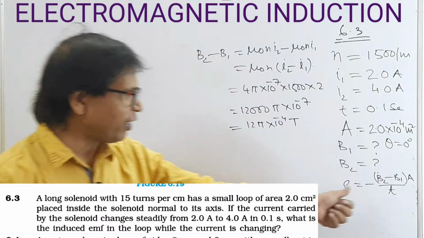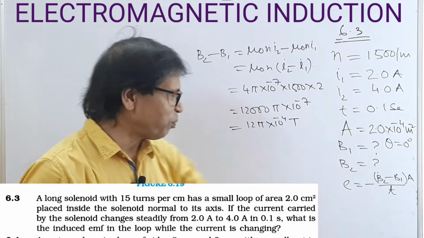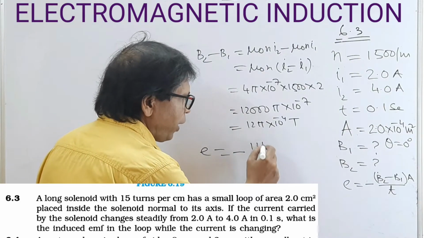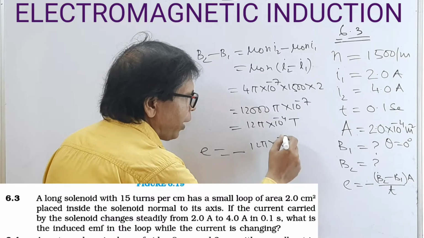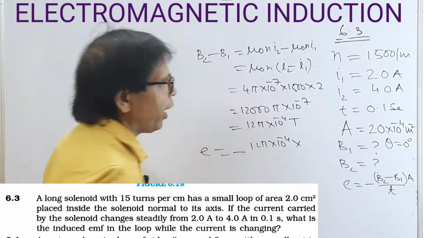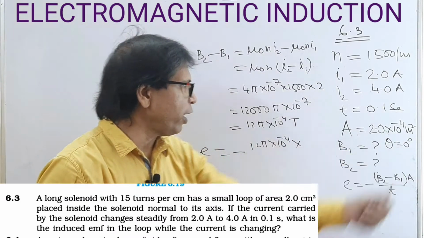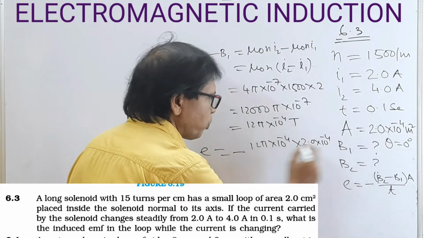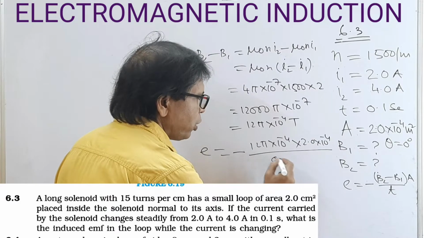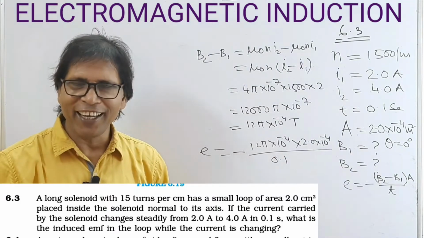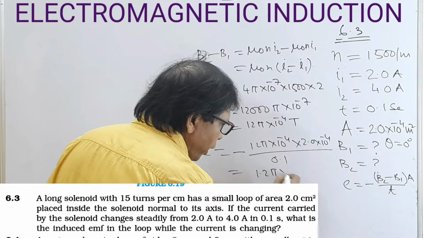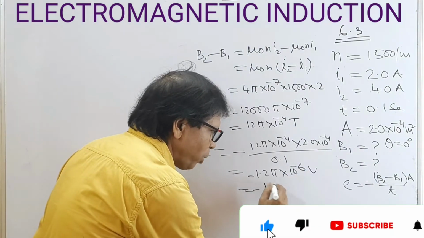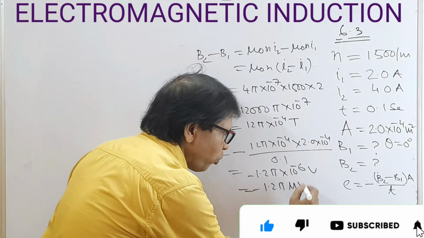Now the induced EMF is minus 12 pi into 10 to the power minus 4 into the area. The area of the coil is 2.0 into 10 to the power minus 4, divided by time 0.1 second. This is 1.2 pi into 10 to the power minus 6 volt, that is minus 1.2 pi microvolt.